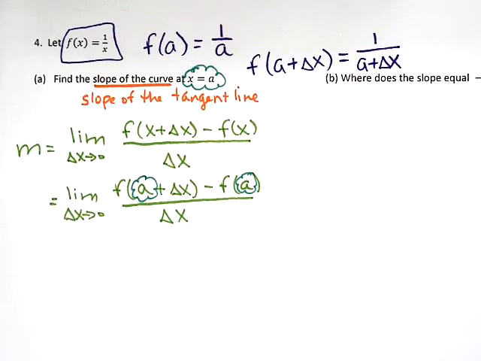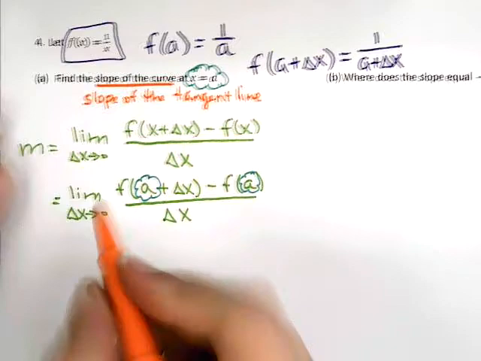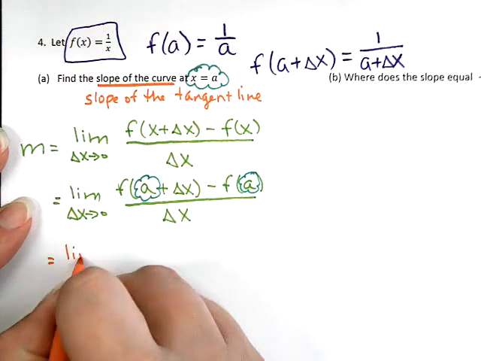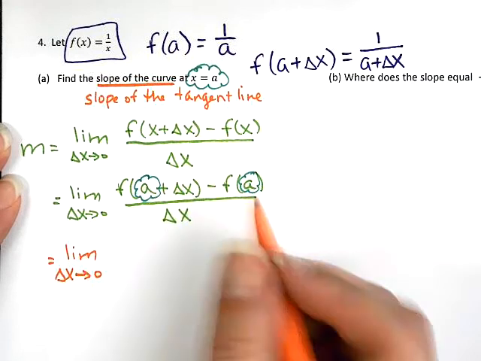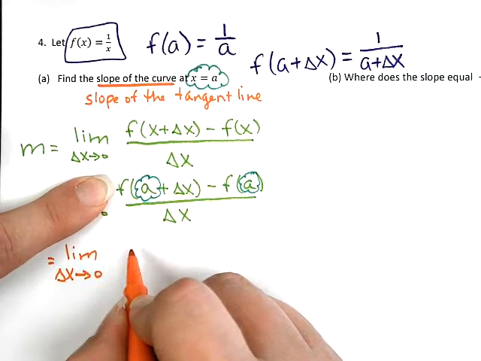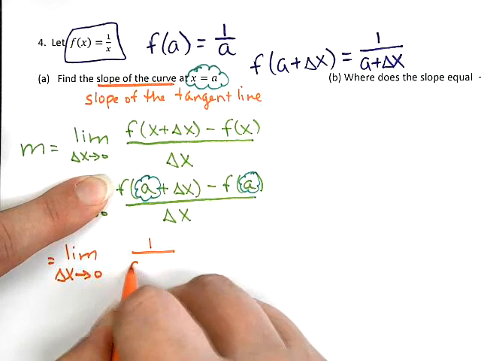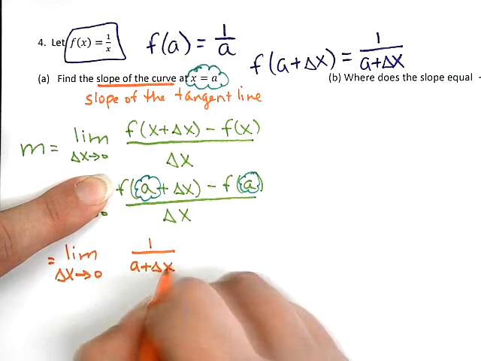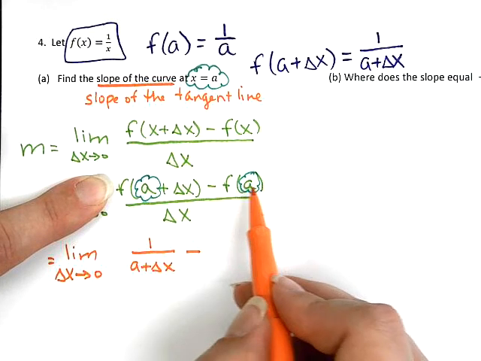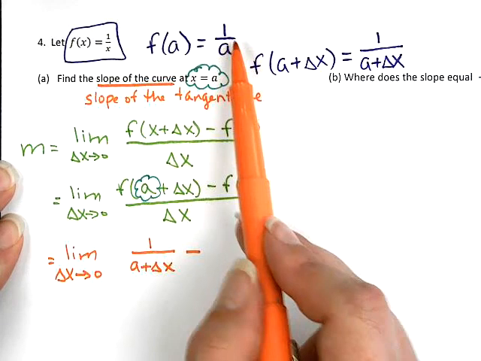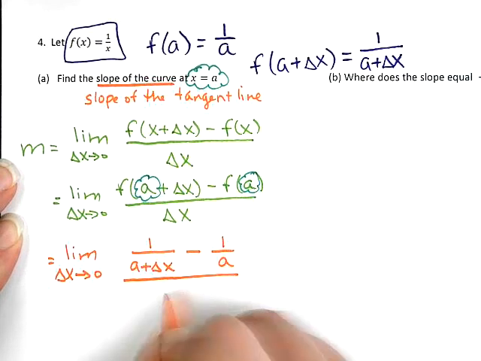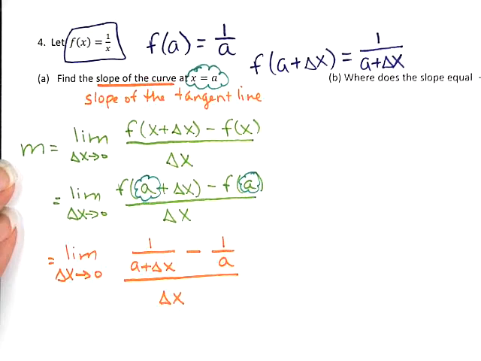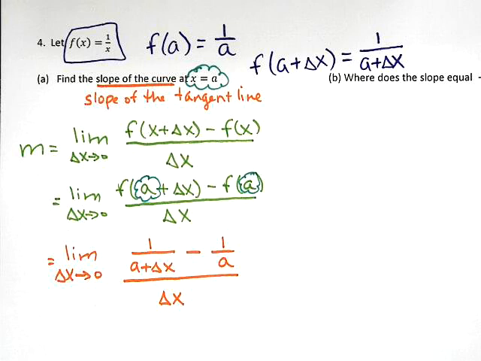Now I'm going to go with the limit as delta x approaches 0 of, instead of f of a plus delta x, I'm going to plug in 1 over a plus delta x minus, instead of f of a, I'm going to plug in 1 over a. And then it's all over delta x. All right. And I think that is kind of where we left off in class.